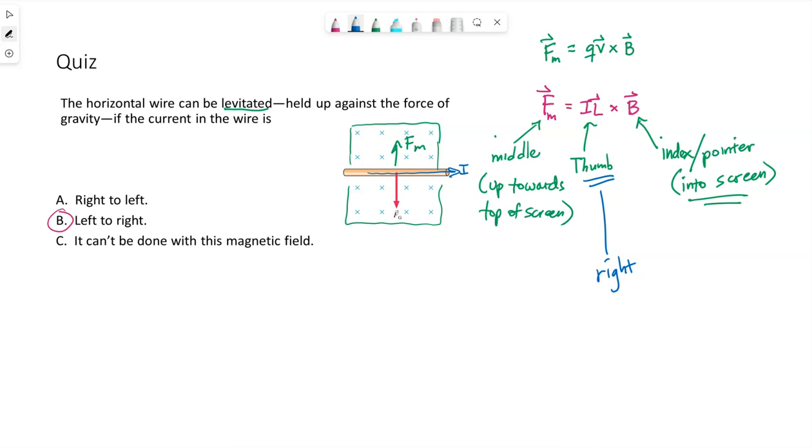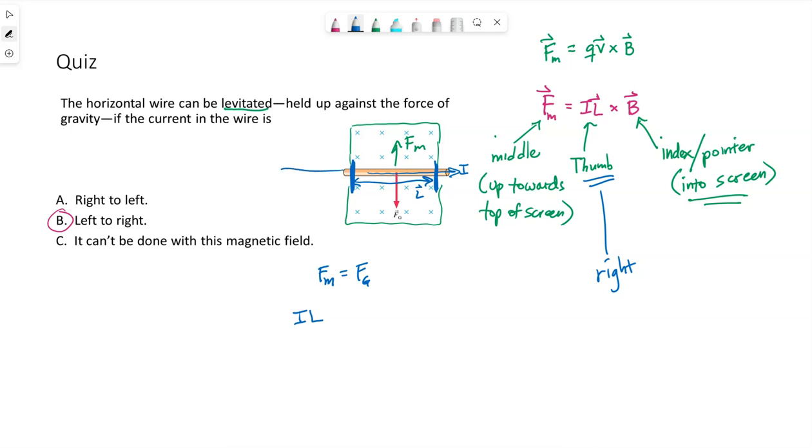If we wanted to find a numerical answer, which we don't have enough information to solve completely, we would say that the magnetic force was equal to the gravitational force. The magnetic force would depend upon the current, how much current is flowing through this wire, and the length of the wire, but only the length within this region right here where the magnetic field exists.